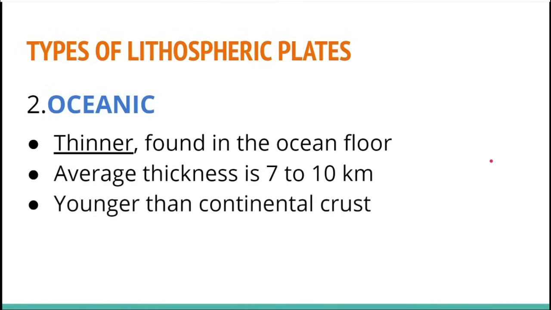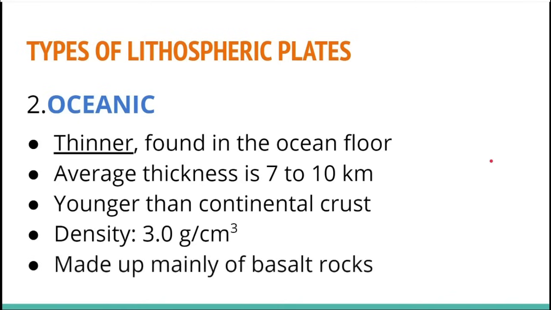It is younger, according to studies, than continental crust and is denser with an average density of 3.0 grams per centimeter cube. Now, if continental lithosphere is usually made up of granite rock, oceanic lithosphere is usually made up of basalt rocks, which look like this.